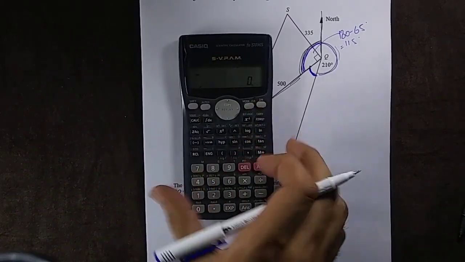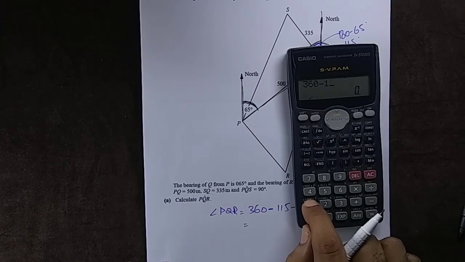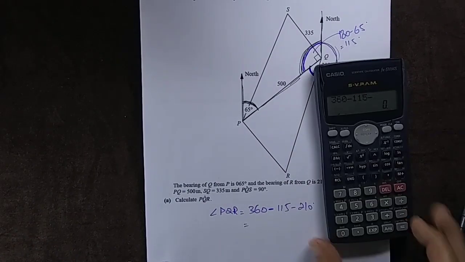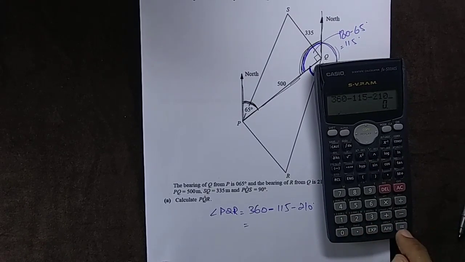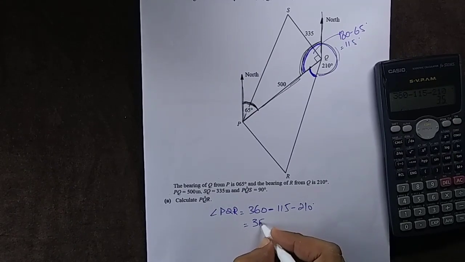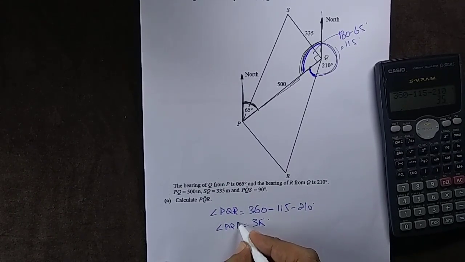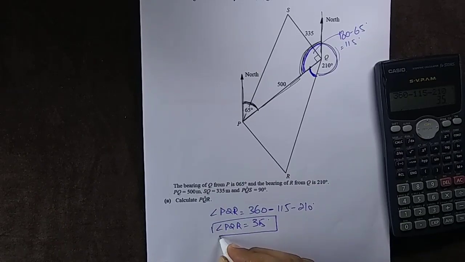So this would be equal to 360 minus 115 minus 210, which is equal to 35 degrees. So the required angle PQR equals 35 degrees.